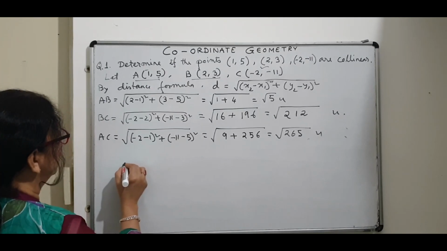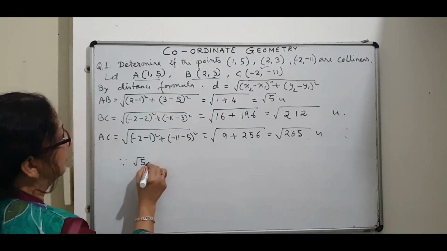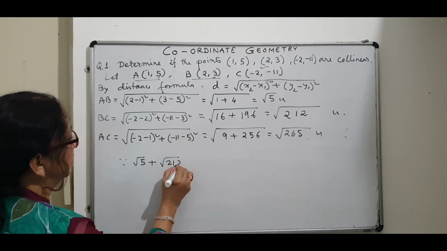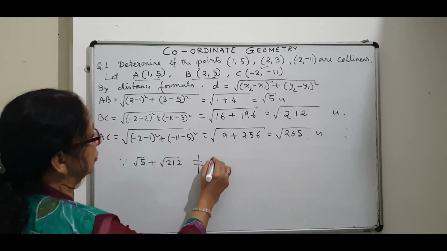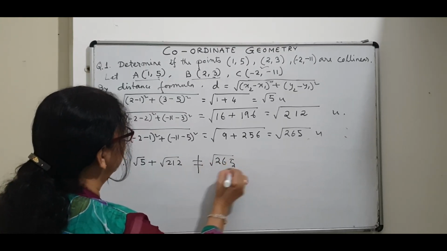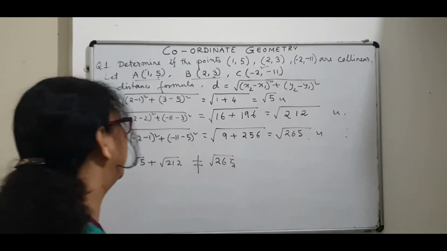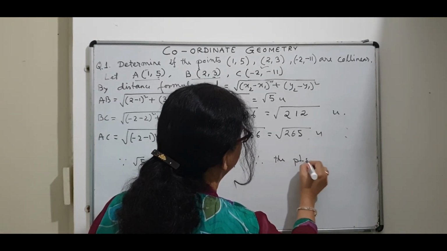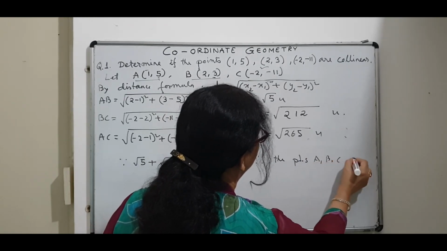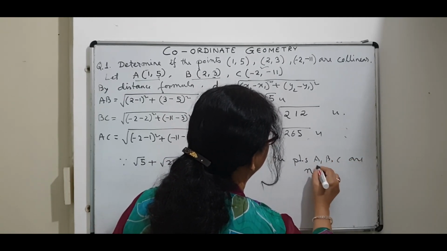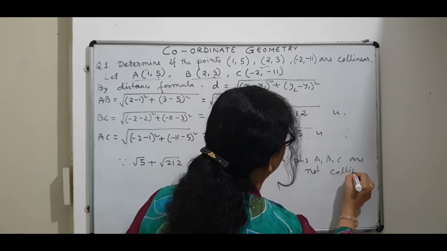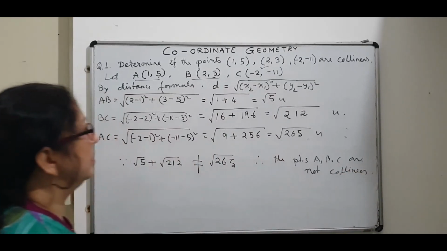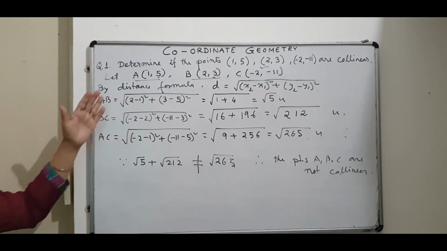So now since root 5 plus root 212 is not equal to root 265, obviously, because these are irrational numbers, they will not be equal. Therefore we say the points A, B, C are not collinear. In this way check.